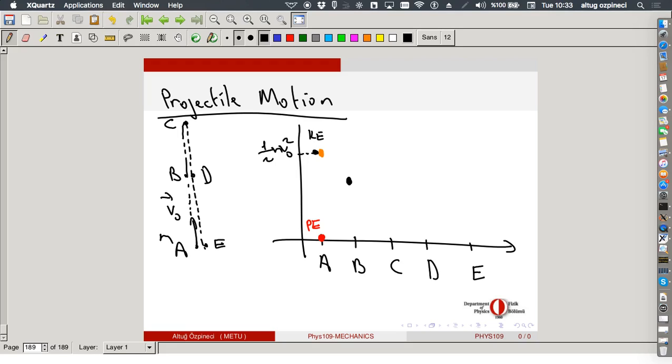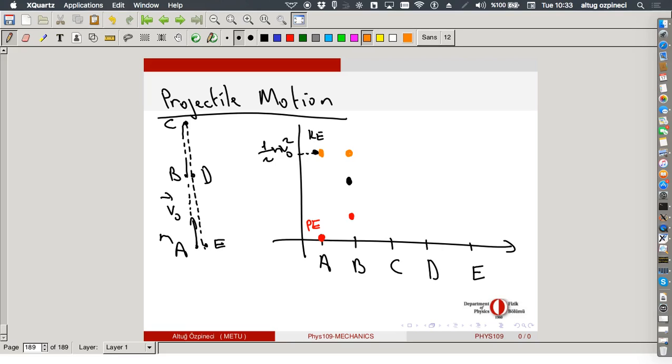Well, the potential energy will be increasing because the height is increasing. The potential energy plus the kinetic energy should be conserved, that's the total mechanical energy. So the potential energy will be larger, but not as high as 1 over 2 m v0 squared. What about the mechanical energy at the point B? It's the same.